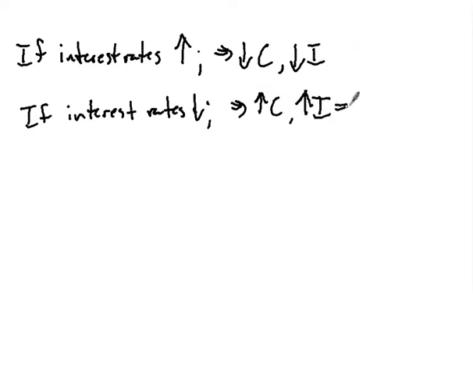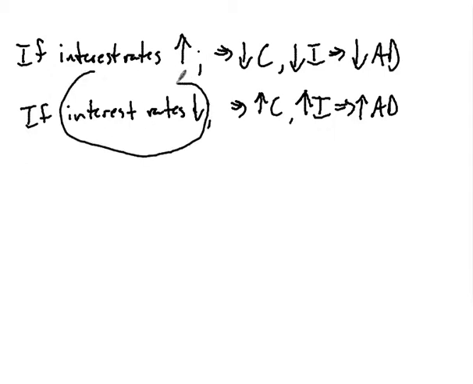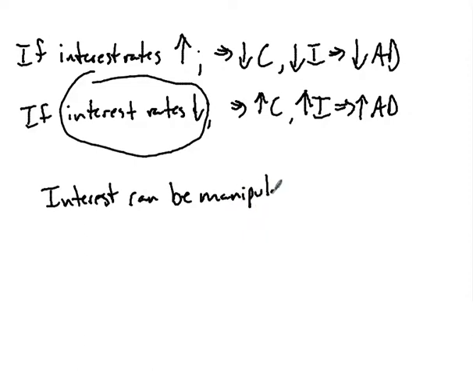And by the way, if those two increase, then we have an increase in aggregate demand. If both of those decrease, we have a decrease in aggregate demand. So it all comes down to the interest rates, and you manipulate the interest rates. Interest rates can be manipulated by changing the supply of money.